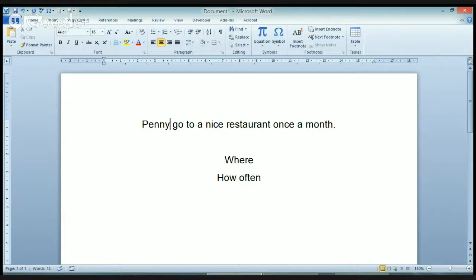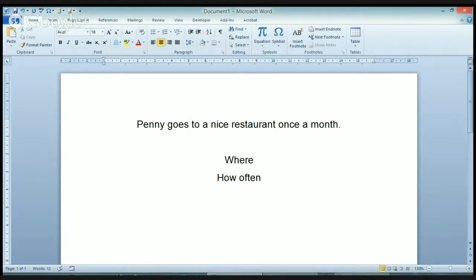This is a girl or a woman. So is it a good sentence now? No, but it's something which I hear very often. Third person and then infinitive. It's not very nice. So how can we make this correct? Not go. I go, you go. And she goes. Penny goes to a nice restaurant once a month.